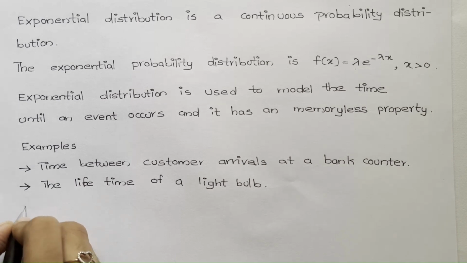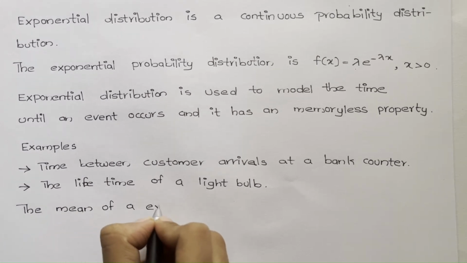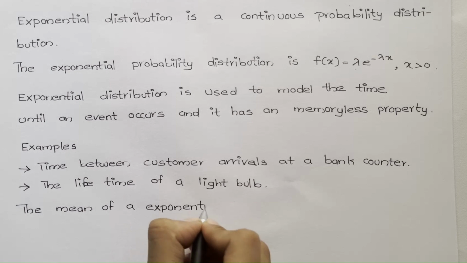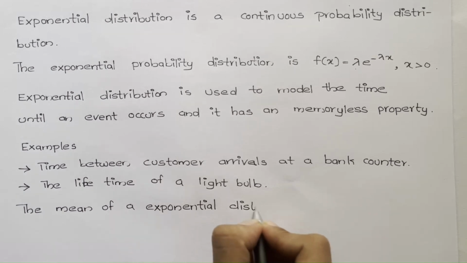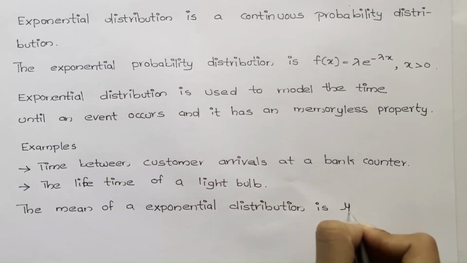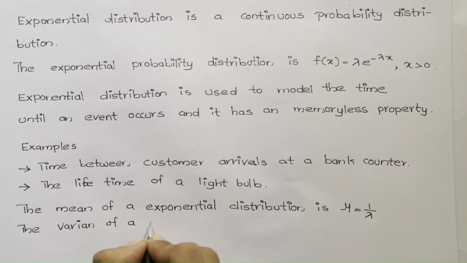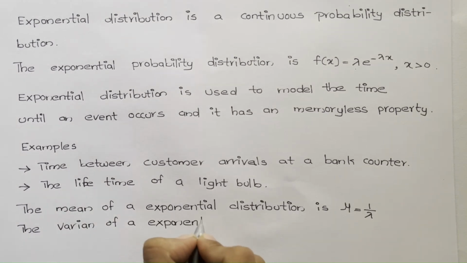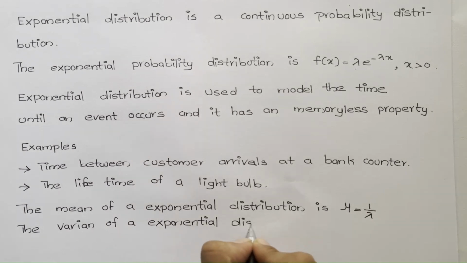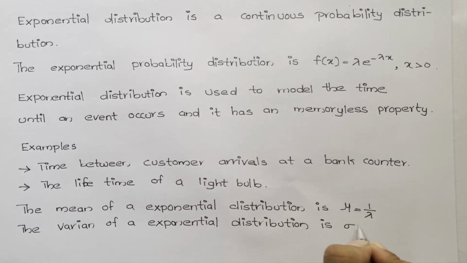Now, the mean of an exponential distribution is mu equal to 1 by lambda. The variance of an exponential distribution is sigma square equal to 1 by lambda square.